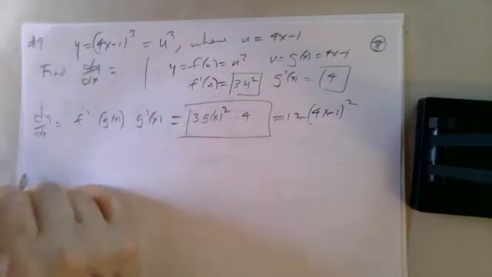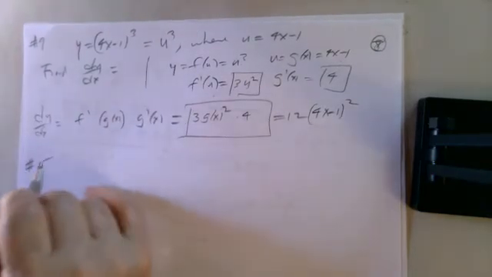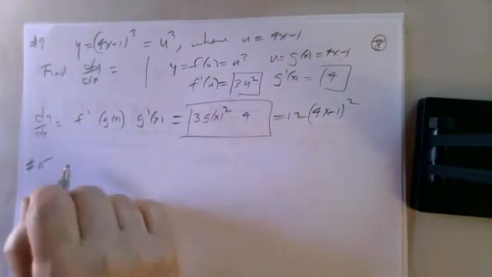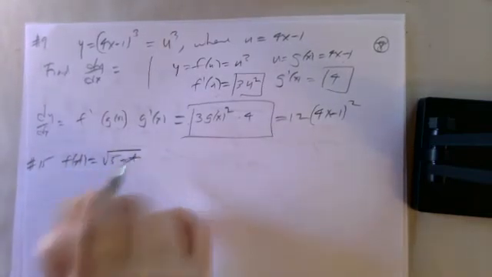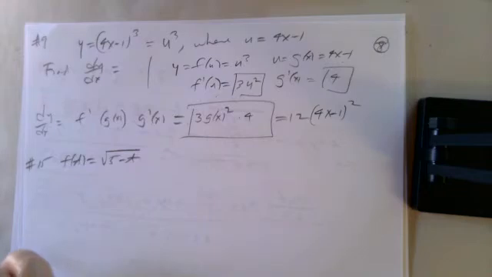Here's number 15 on the homework. f of t is the square root of 5 minus t. Find the derivative, f prime of t. So here the variable is t instead of x, but that shouldn't make any difference.